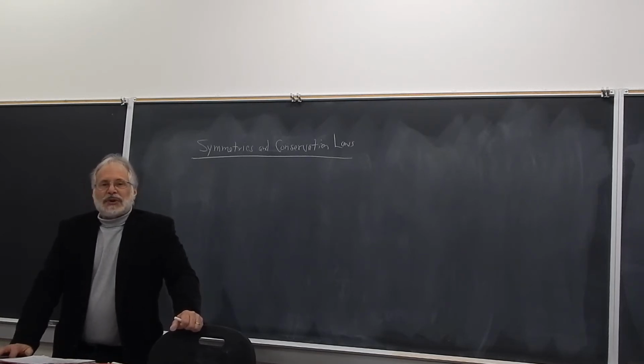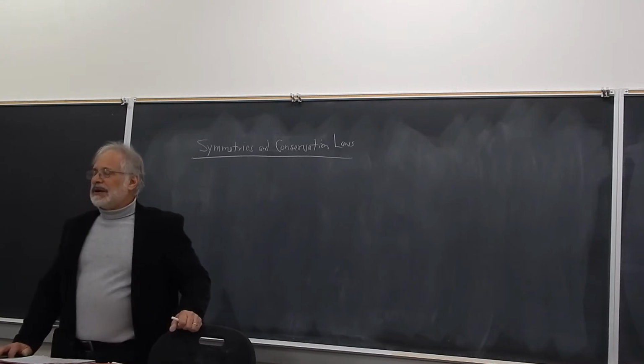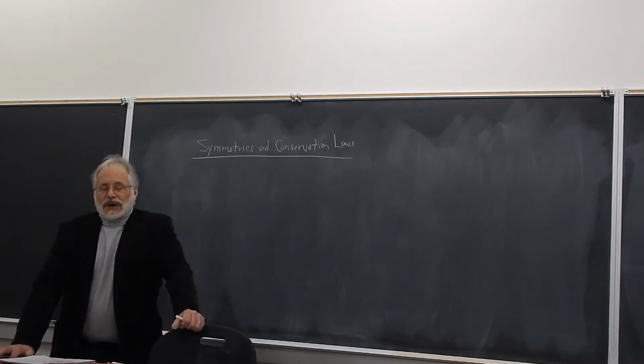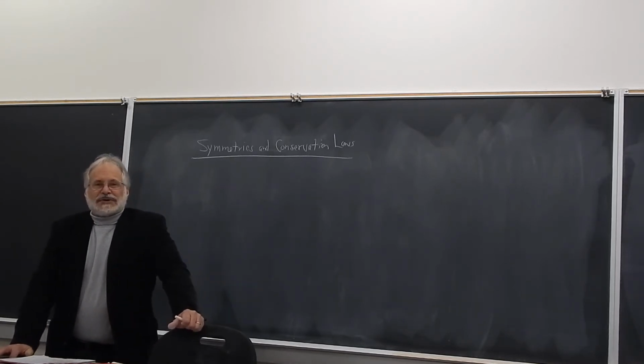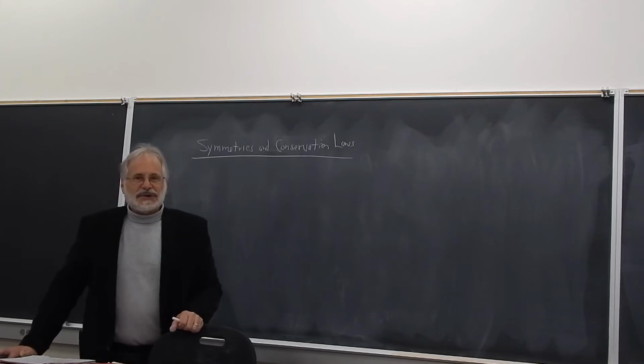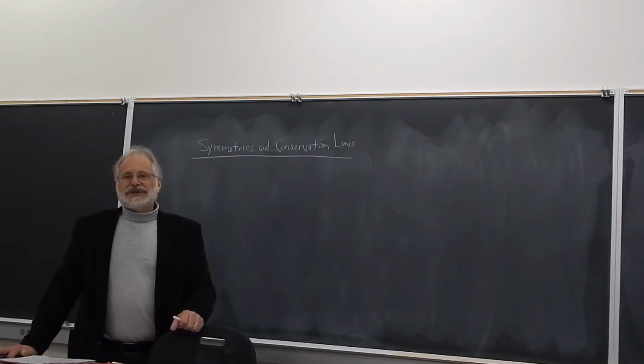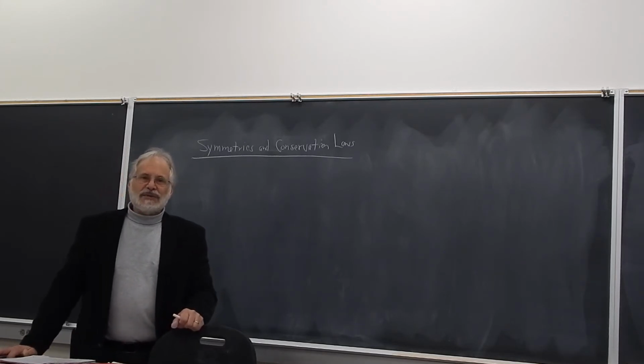So for example, if we talk about, as we will, translational symmetry, that's associated with the conservation of linear momentum. If we talk about rotational symmetry, as we will, that's associated with the conservation of angular momentum.